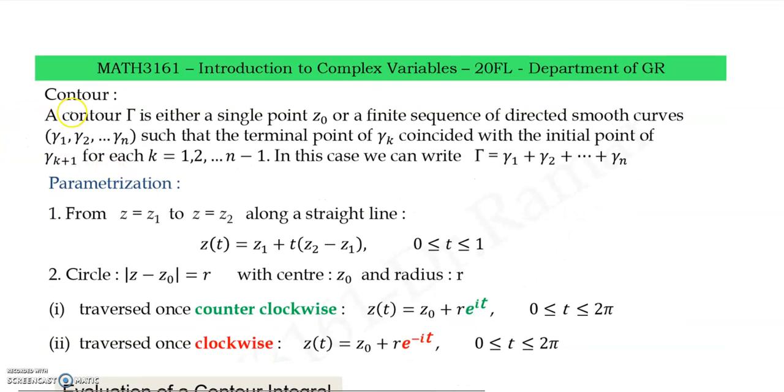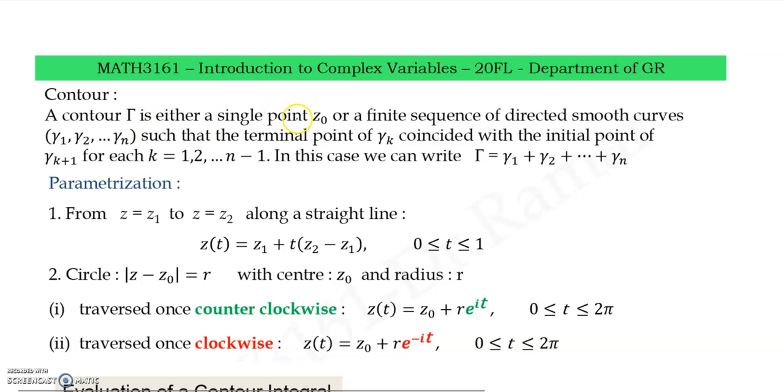You see here, what is a contour? A contour gamma is either a single point z0 or a finite sequence of directed smooth curves such as gamma 1, gamma 2, etc., gamma n. Actually, a contour is denoted by capital gamma.